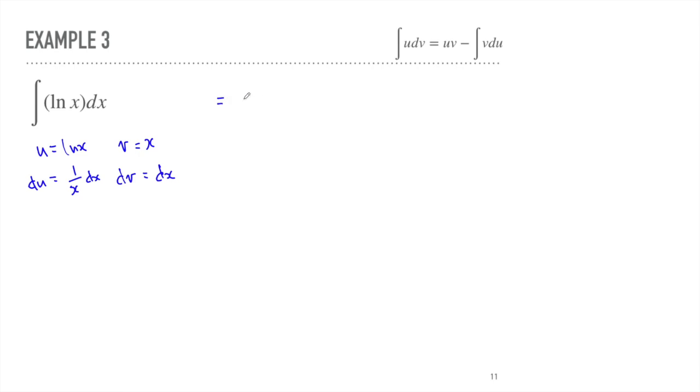Applying the integration by parts formula, this will be u times v, which will be x, times ln of x, minus the integral of v du. And yung v du, this will be x times 1 over x dx. Magka-cancel itong dalawa. At ang matitira sa atin ay x ln of x minus integral of dx.